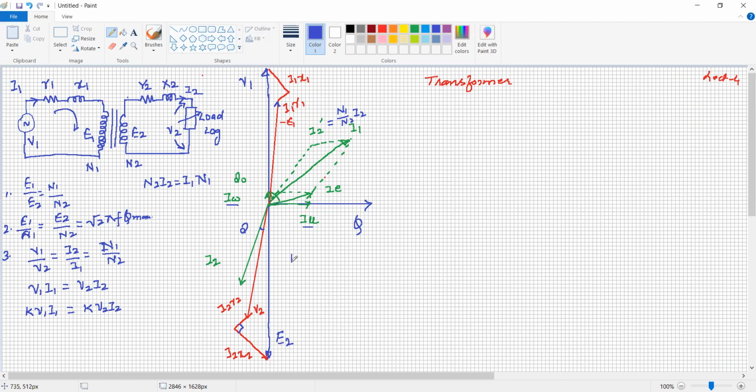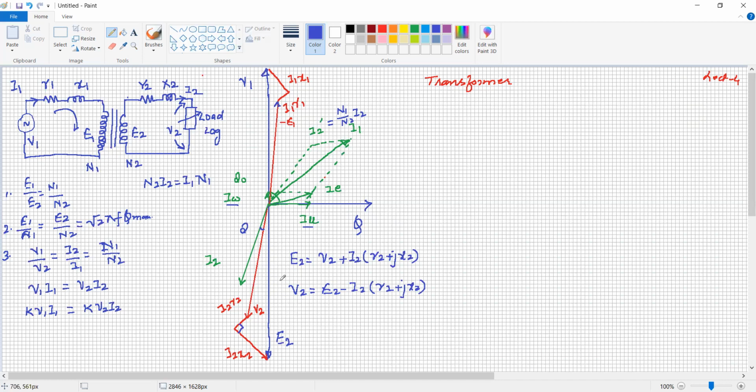By Kirchhoff's voltage law, E2 is equal to V2 plus I2 into bracket R2 plus jX2. Or V2 is equal to E2 minus I2 into bracket R2 plus jX2, by vector addition. So this is the voltage equation on the secondary side.